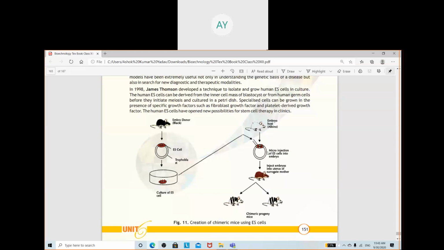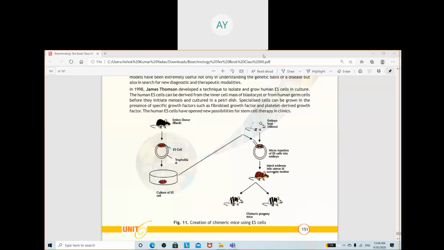Then that embryo is known as trans embryo. Now this trans embryo you are going to put inside the third one, that is the surrogate mother, where there is a development of chimera. So all of you must try to know what you mean by chimera. It means a mixture of two different characters of two different mice, that is known as chimera.